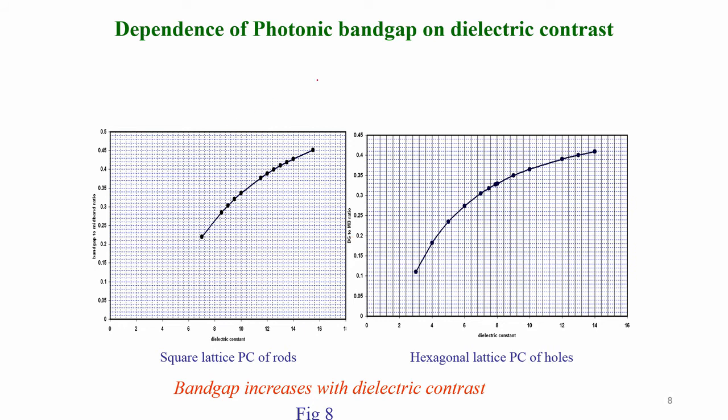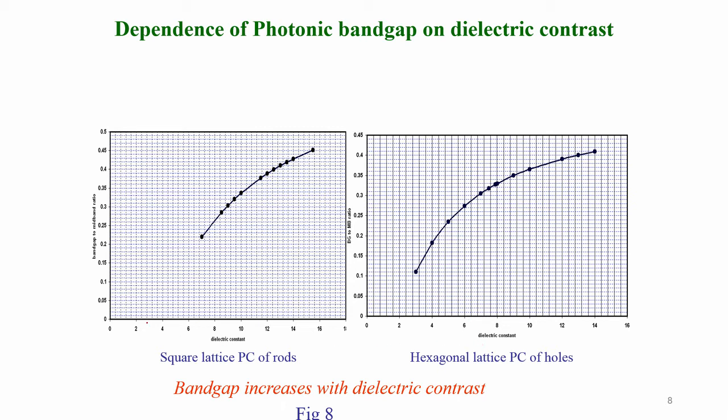So, this picture shows the dependence of photonic band gap on the dielectric constant or the refractive index of the medium. For a square lattice of rods you have a band gap varying with dielectric constant like this, it is almost somewhat parabolic, and similarly the band gap to mid band ratio is shown for the hexagonal lattice.